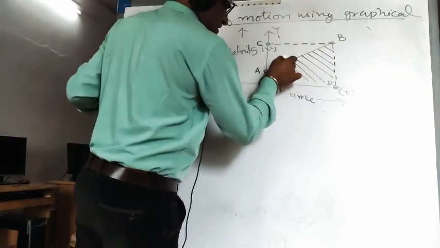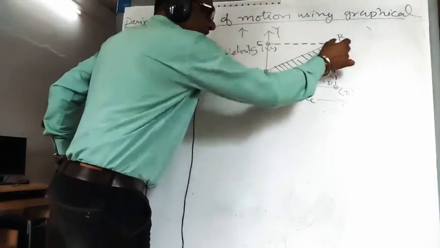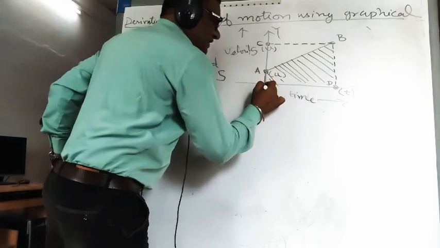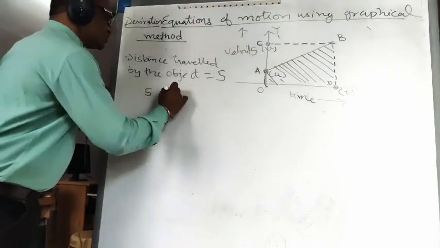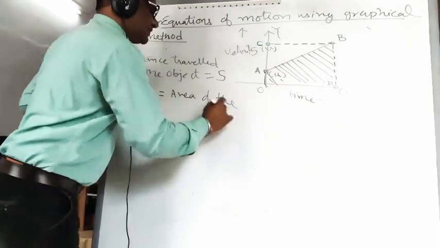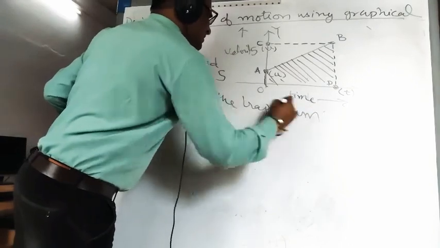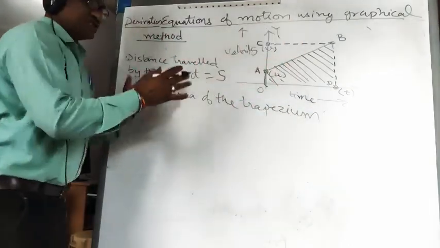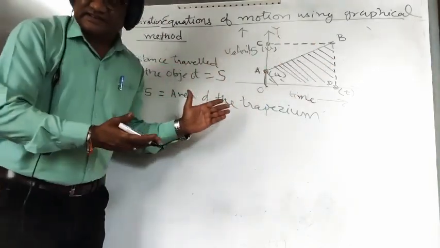Which area am I talking about? The area of the trapezium ABDO. Look at the trapezium. So distance traveled S is equal to the area of the trapezium, which is formed between the graph and the time axis.